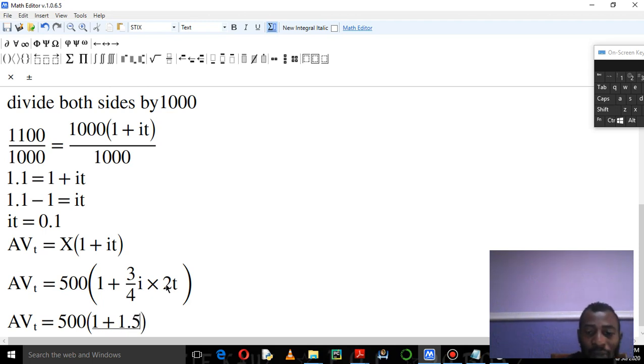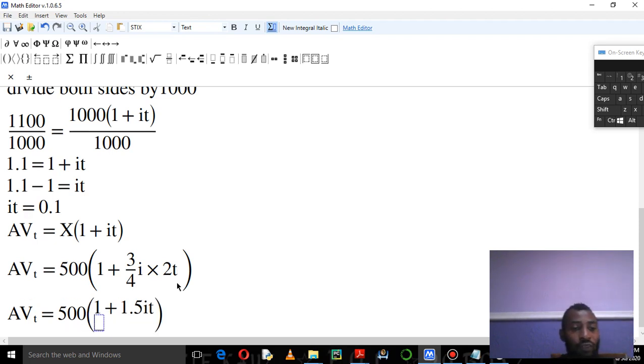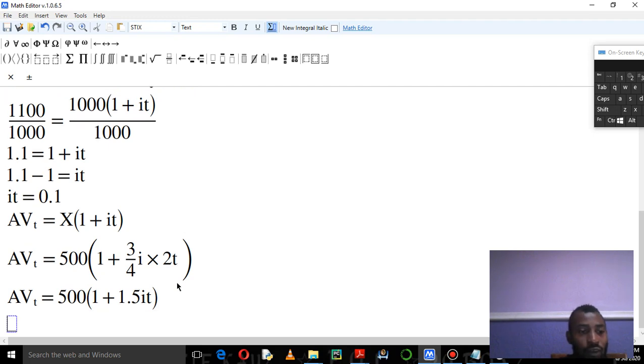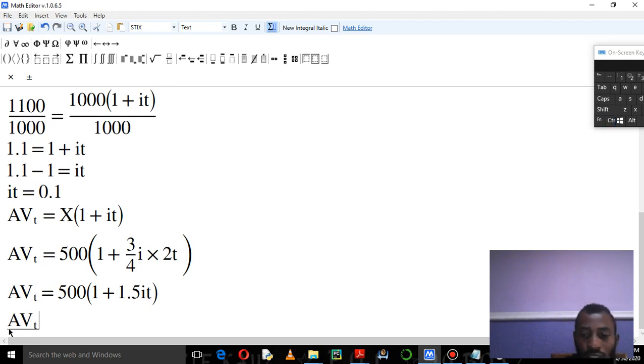Then multiply by what? IT. So now we'll be having our A_VT equals 500 into bracket 1 plus 1.5 times, let me use asterisk, 1.5 times IT.